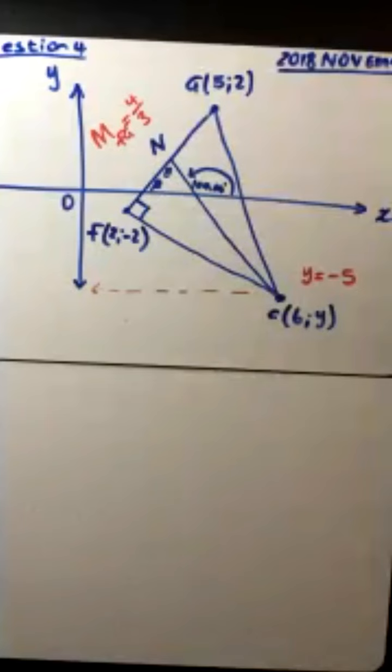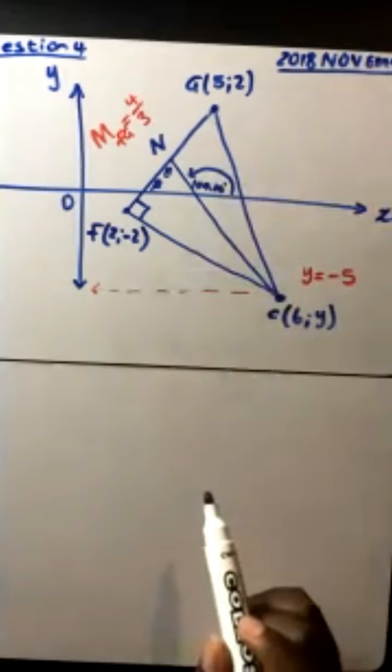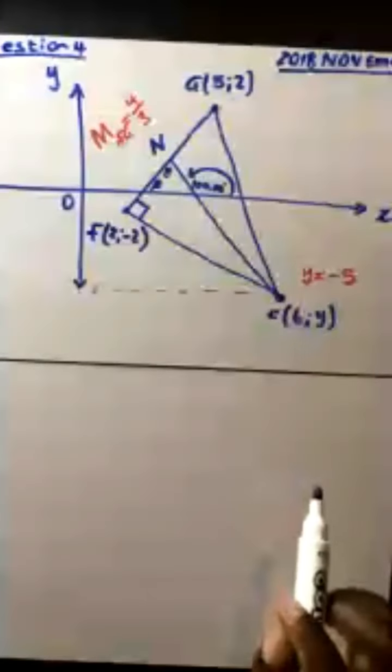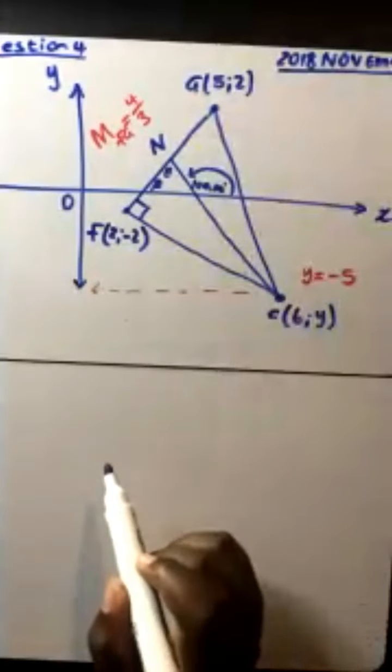This is an interesting question. It's a very tricky question, which needs you to apply your mind. They want you to calculate the angle theta. So let's check, where is angle theta? There is angle theta.